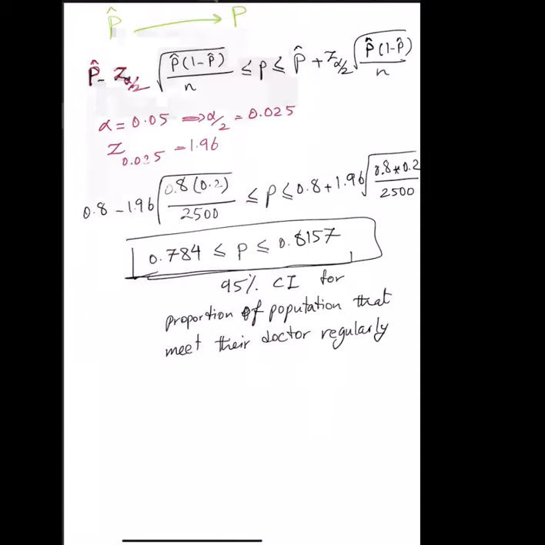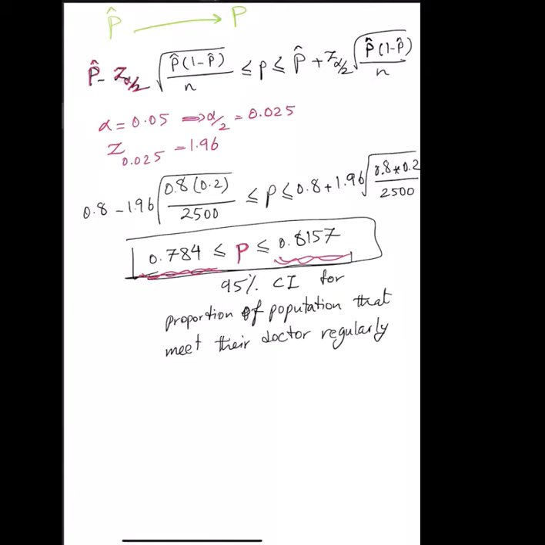Exactly. We are 95% confident that the proportion of people that meet their doctor regularly falls somewhere in this interval. I don't know the exact value, but I'm 95% confident it falls somewhere here. Okay, so that's basically our conclusion.